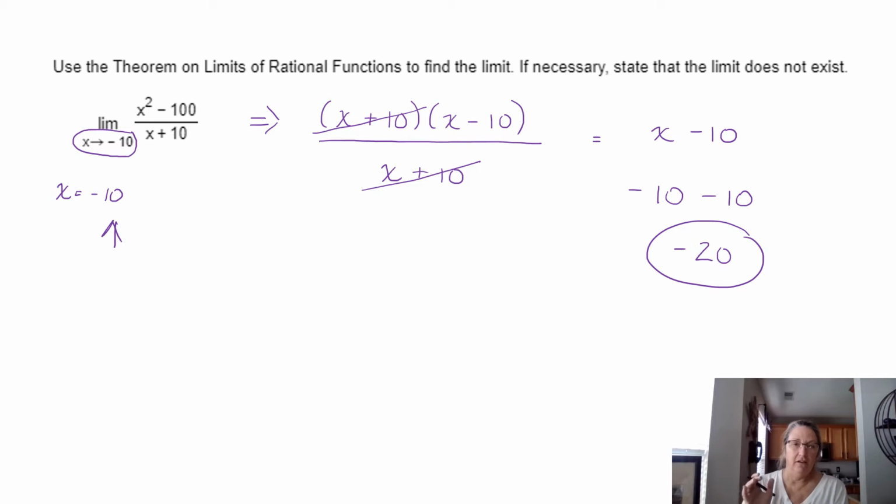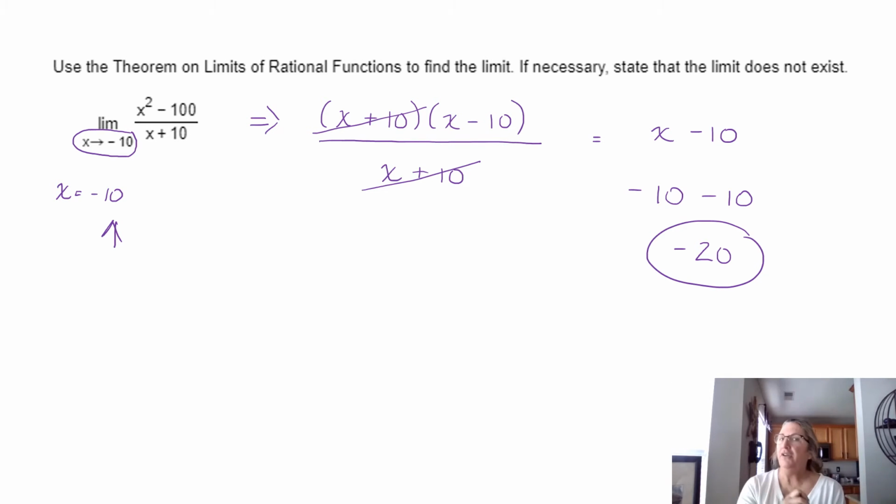I want to say that you need to remember that the limit is approaching negative 10. So there may be an asymptote there. There may be a hole there, but it's approaching negative 10. And by the theorem of limits of rational functions, we can do this plug and chug.